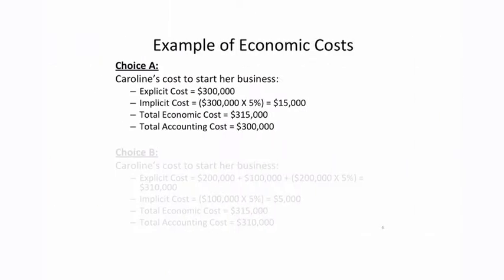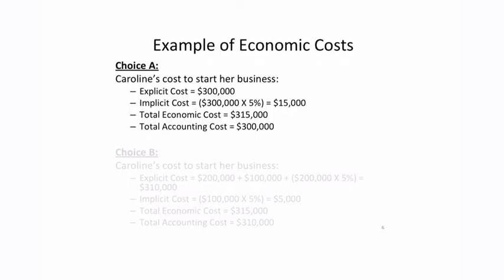So let's look at choice A. So she wants to start her business. She needs $300,000. The explicit cost is $300,000. But now the implicit cost is going to be her foregone interest income that she could have otherwise made if she kept that $300,000 in the savings account. So that $300,000 is gaining 5% interest each year.